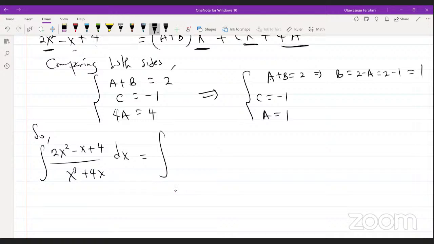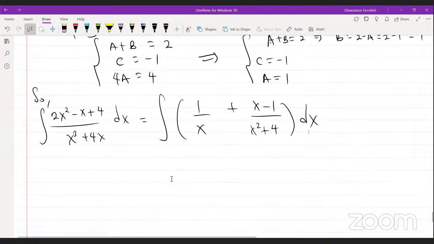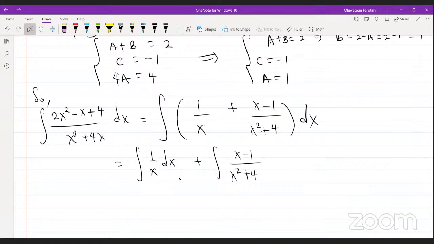What is A? A is 1, so 1 over x. What is B? B is 1, so you have x minus 1 over. Now, why do I have a minus 1? Remember, we had Bx plus C. That's 1x minus 1, dx. So this is the integral of 1 over x dx plus the integral of (x minus 1) over (x squared plus 4) dx.